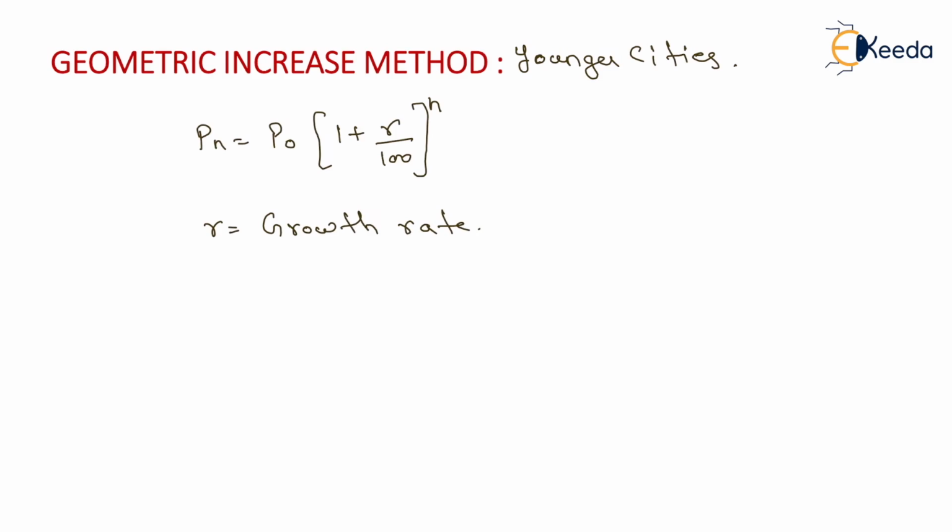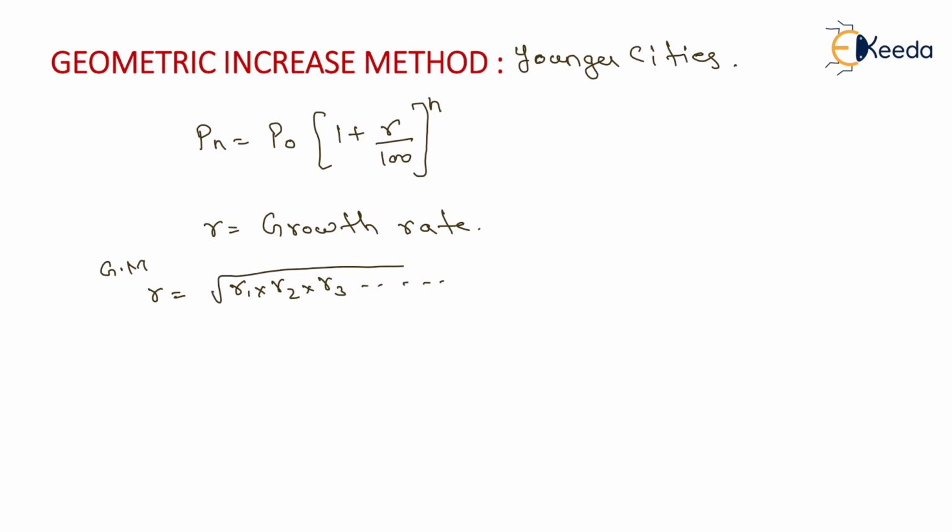Clear? Now, how can we calculate the growth rate? It will be calculated by two methods. The first one is the geometric mean, where you have different r values, that is r1, r2, r3, and so on.